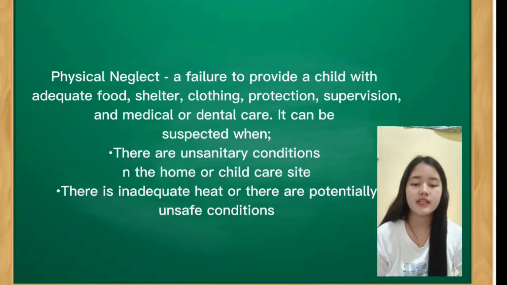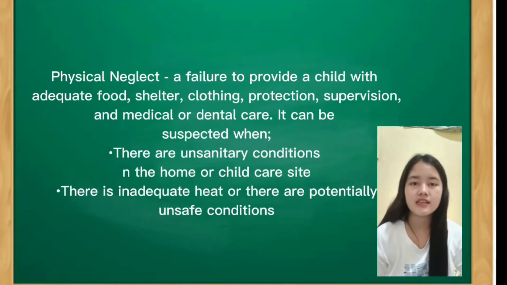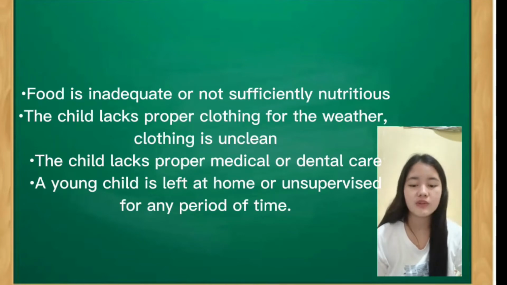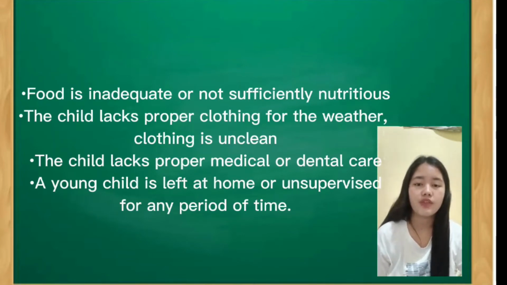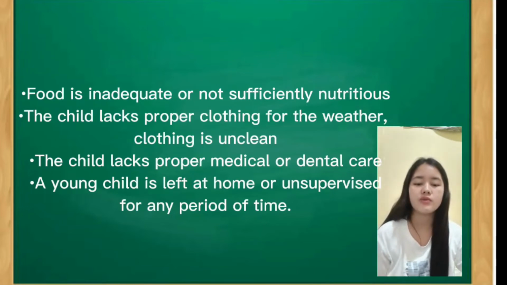It can be suspected when there are unsanitary conditions in the home or child care site, there is inadequate heat or there are potentially unsafe conditions, food is inadequate or not sufficiently nutritious, the child lacks proper clothing for the weather or clothing isn't clean, the child lacks proper medical or dental care, or a young child is left at home unsupervised for any period of time.